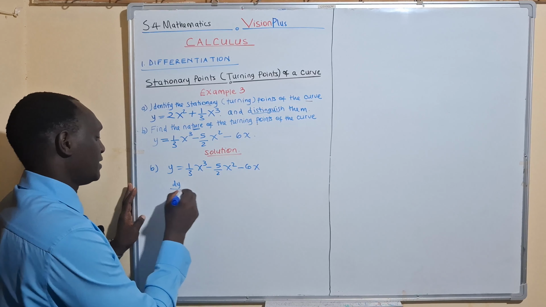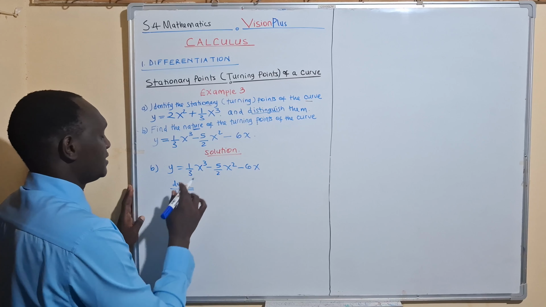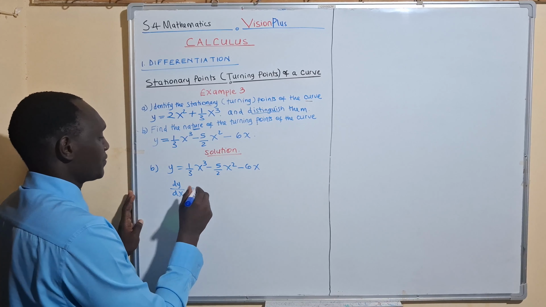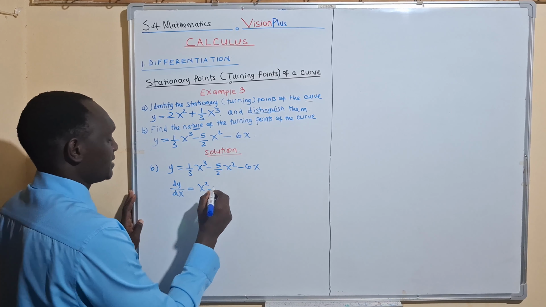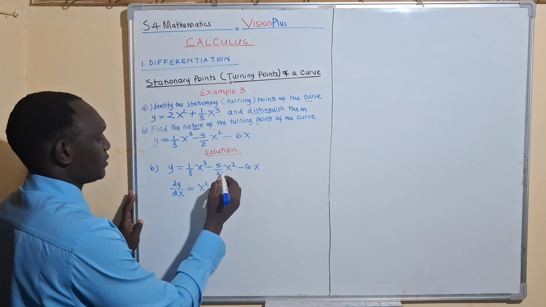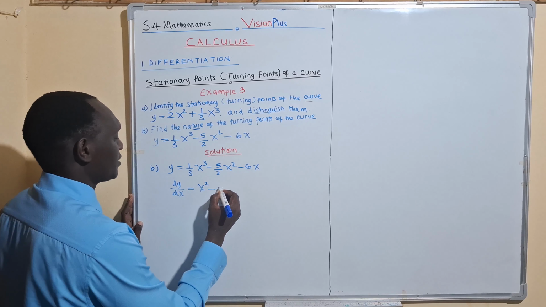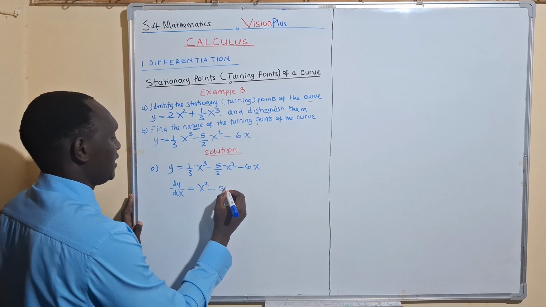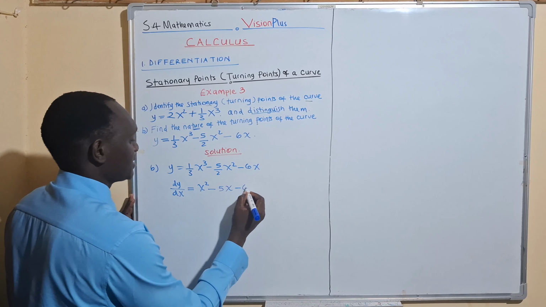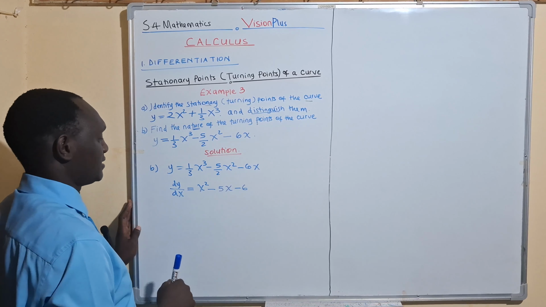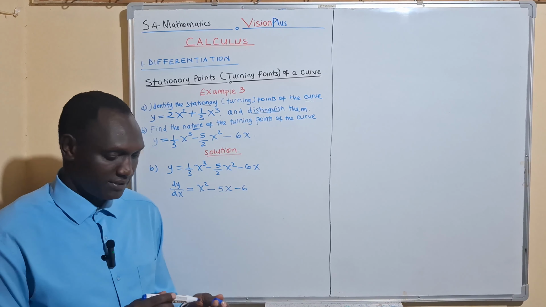So dy/dx becomes, if we differentiate 1/3 x cubed, that gives us x squared, minus, if we differentiate 5/2 x squared, it gives us minus 5x, and then minus 6 if we differentiate 6x.